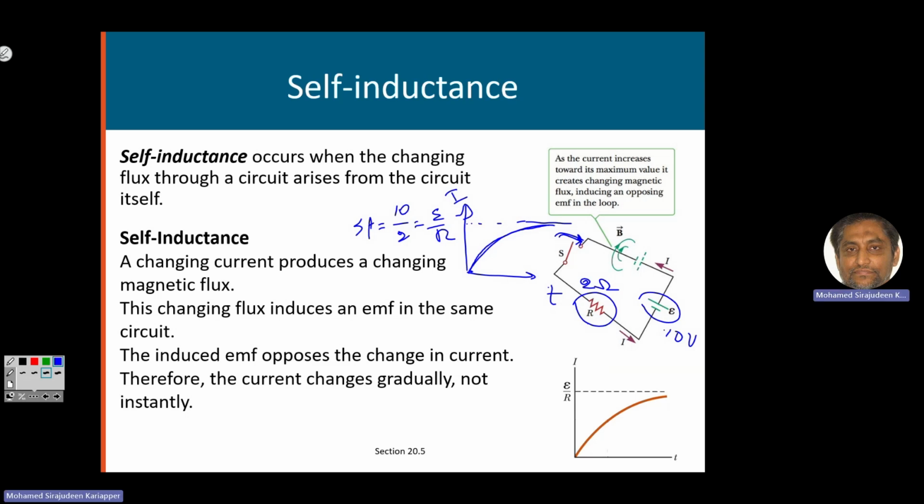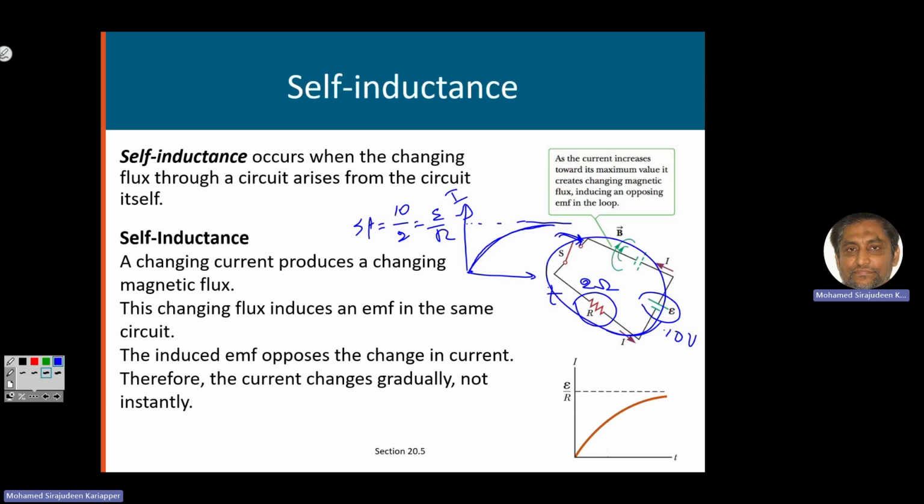Again, Faraday's law comes in. You can imagine there is something called self-inductance. When the current is turned on, you expect it to be 5 amperes, but when it flows, any current will produce a magnetic field. You can think of it like a coil, a current loop.